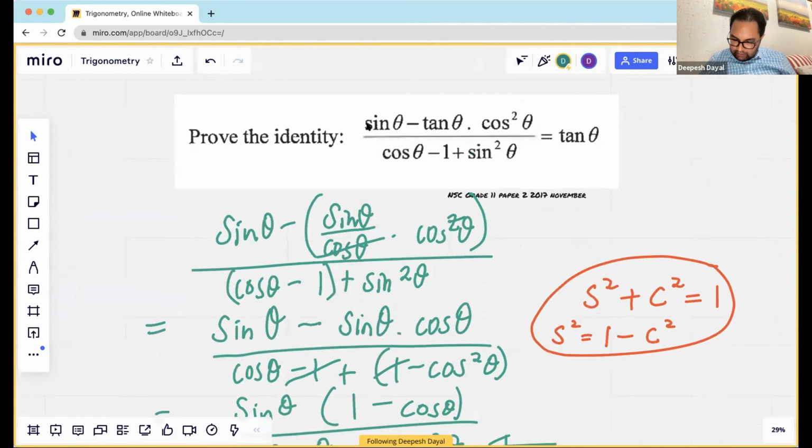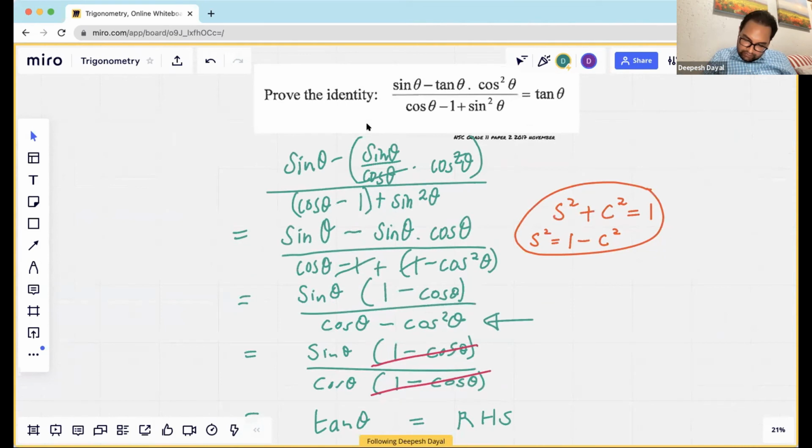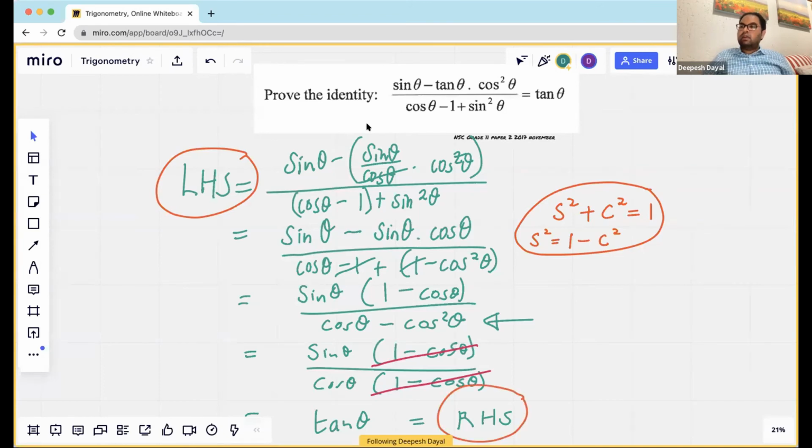So we start off the question by saying LHS, or left-hand side, equals this, and then we change, and eventually it equals the right-hand side, right? Any questions regarding this one?